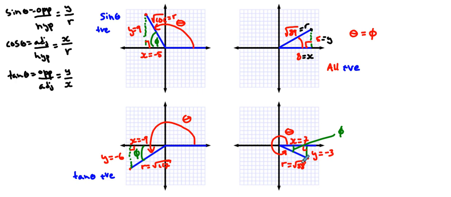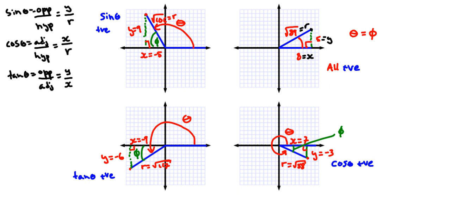In this case, you'll notice, just like the others, r is always positive. My x is positive. It's my y value, my opposite side, that's negative. So that will drive tangent and sine to be negative and will result in a positive value for cosine. So we have cosine that will be positive.